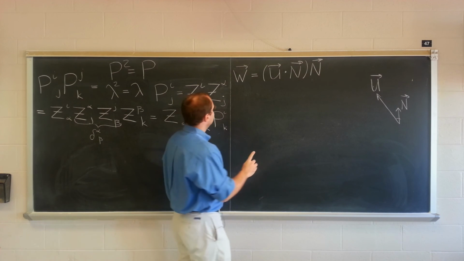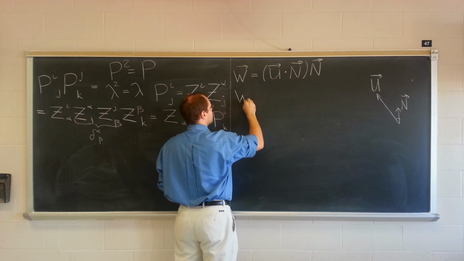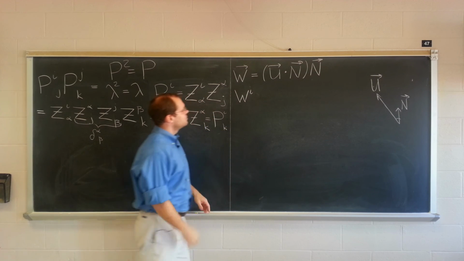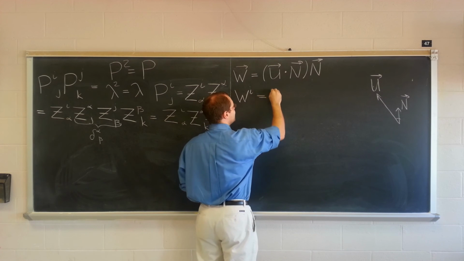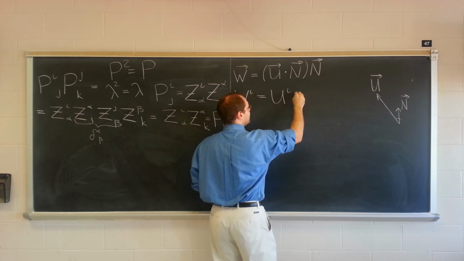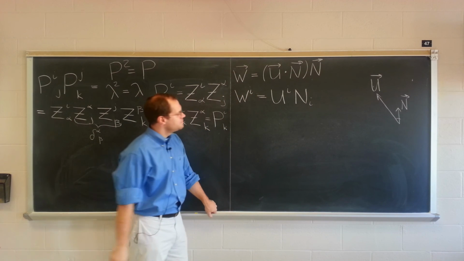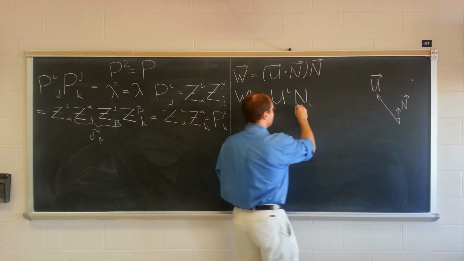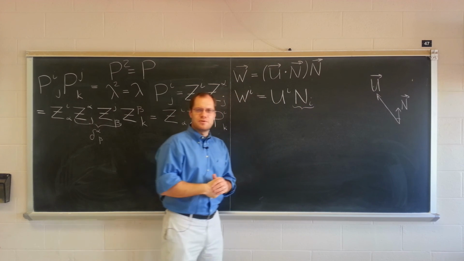And notice this, that from this it follows that in components, this can be written like this: U_i N_i. That's u dotted with n. I don't know if I've mentioned this before, but this is just the component of the normal.